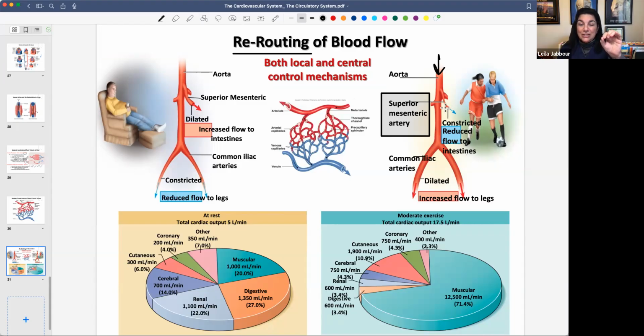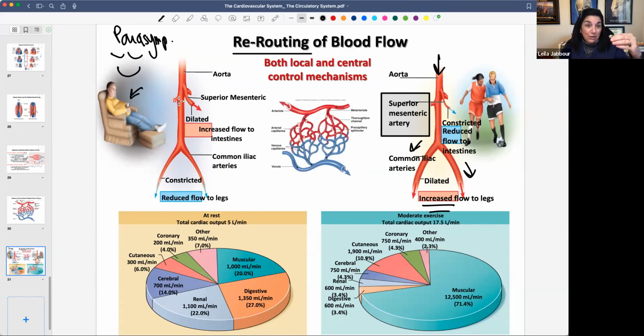That's where you're going to see these sphincter muscles contracting and constricting the flow of blood to the intestines, because we need the blood to go down to the legs, and we need the increased flow to the legs. So if we are relaxed and we're not running, we're not doing anything, our feet are up, they're not even moving, we just had a nice good meal, well, this is when the parasympathetic nervous system is at its best, where you have no other worries than to just relax and let your digestive system work.